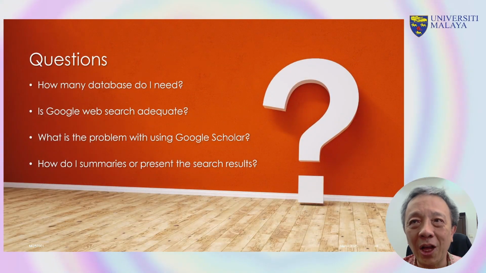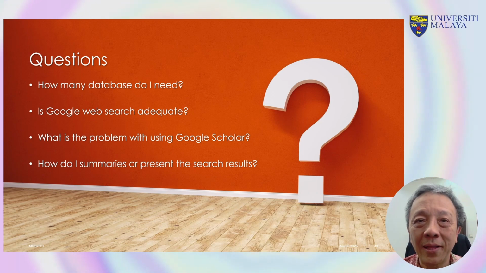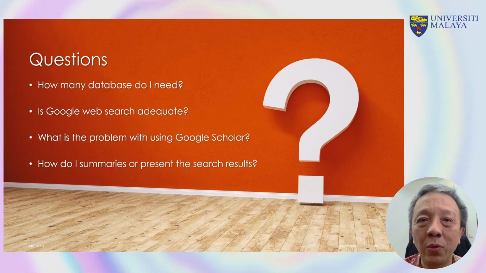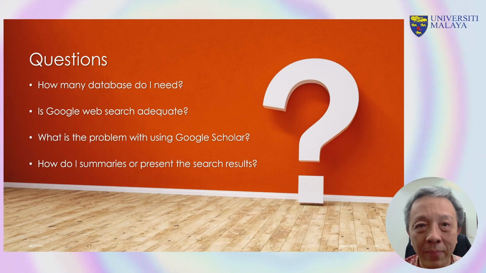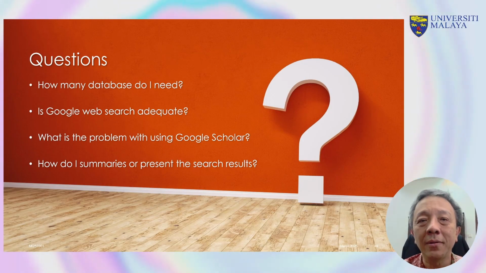So question, how many databases do I need? Depending on your research question, the minimum you need is 2 if you want to be extensive. And I would recommend that you use at least PubMed, because you want to search medical databases, and Scopus.